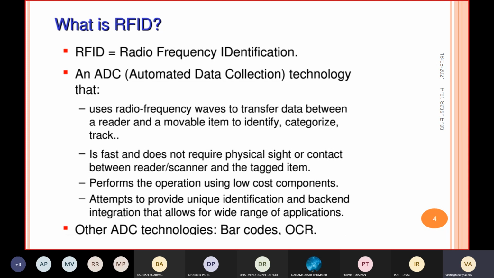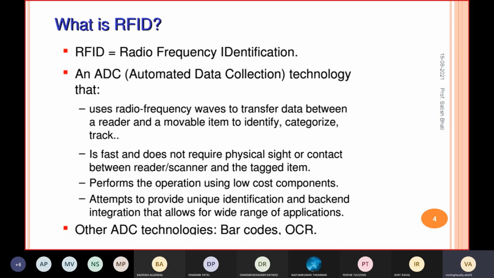So this RFID is fast and does not require physical sight or contact between the reader, scanner, and the tag item. Like, if you have visited some mall or shopping center, when you purchase something, you collect the items in a trolley.